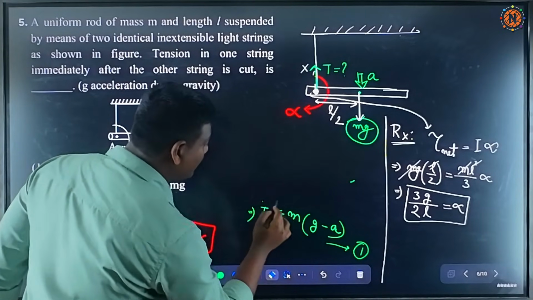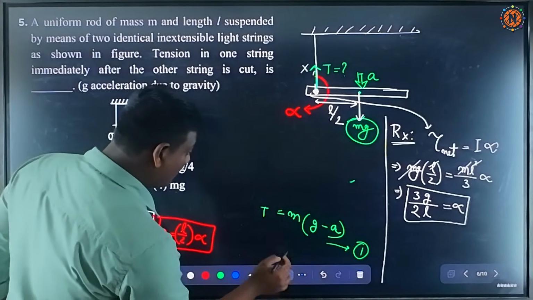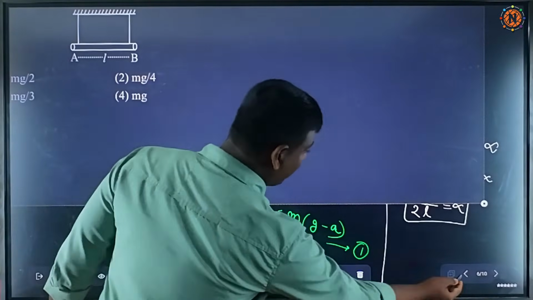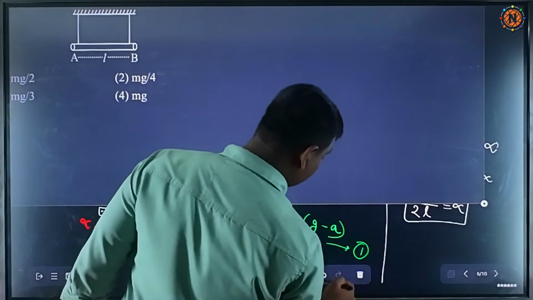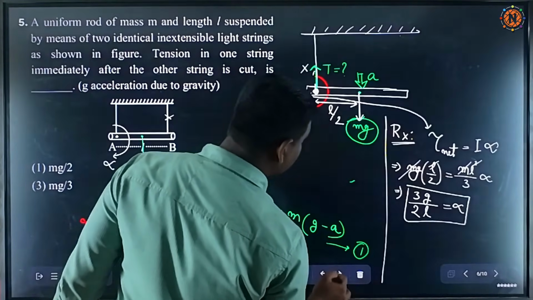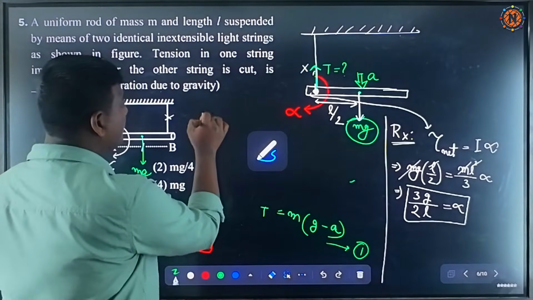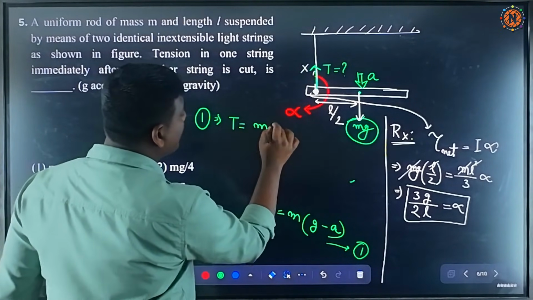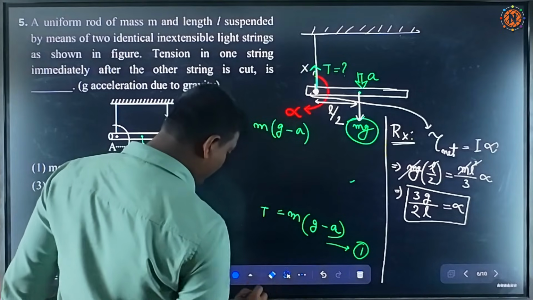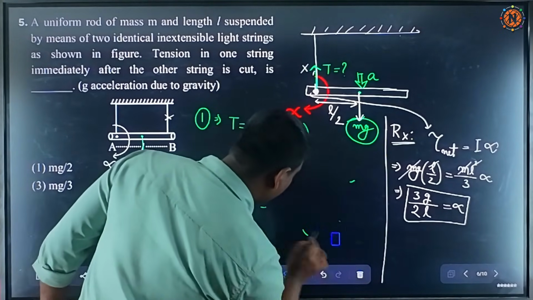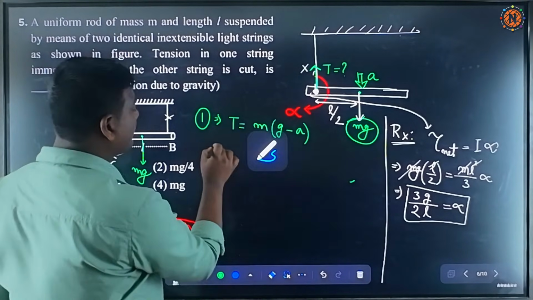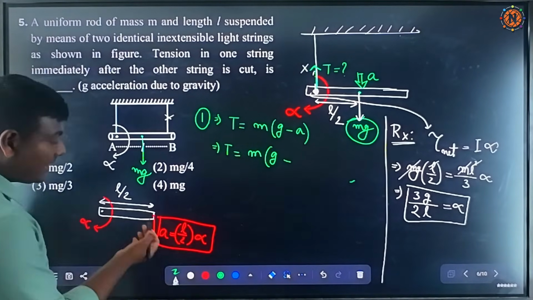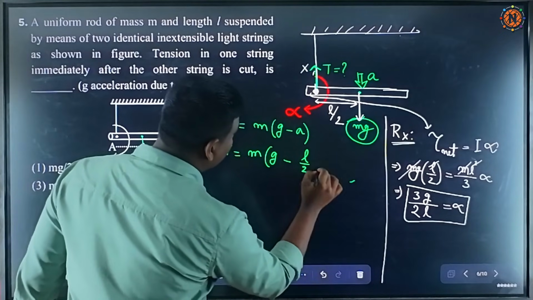Let me write equation 1 again. Equation 1 says T equals m(g minus a). Now, what is the value of a? a is nothing but L by 2 alpha.